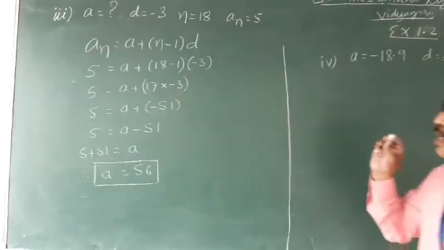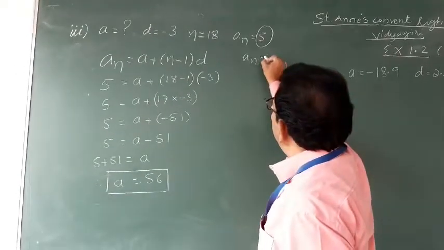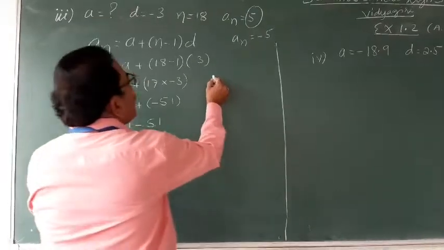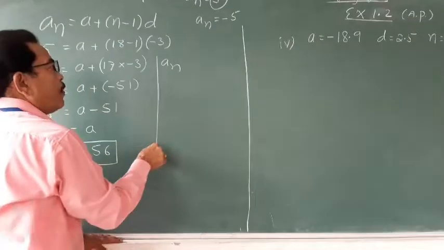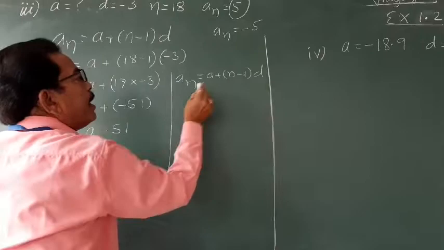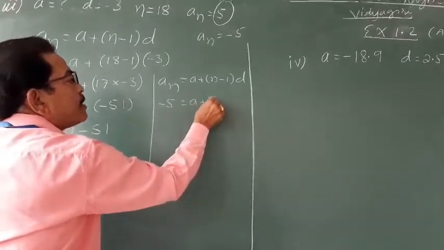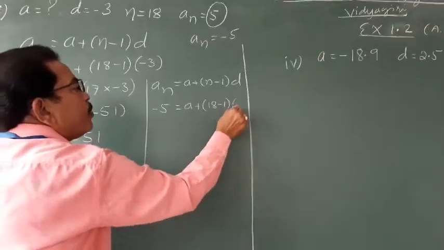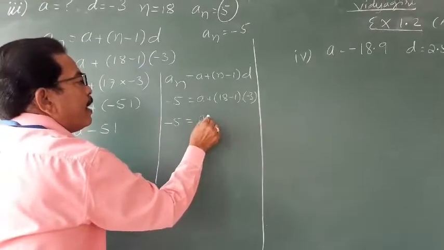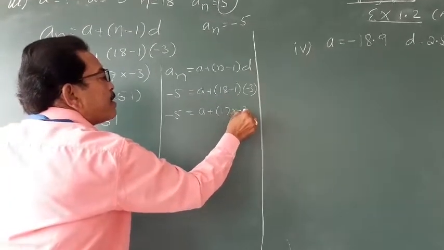Say, if an equals minus 5, what will be the value? an equals a plus (n minus 1) into d. Minus 5 equals a plus (18 minus 1) into d, that is minus 3. Minus 5 equals a plus 17 into minus 3.